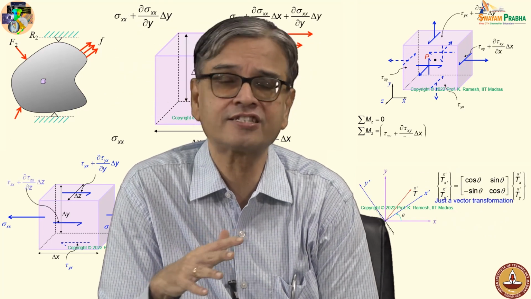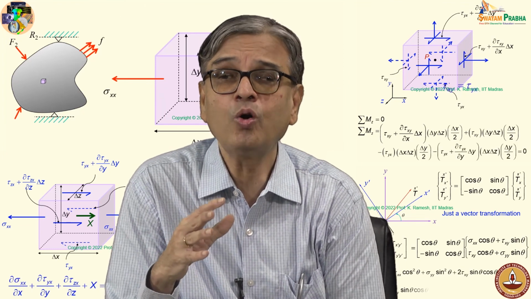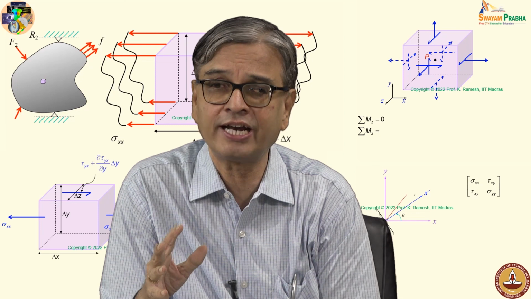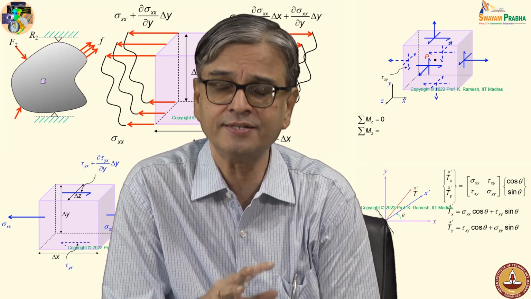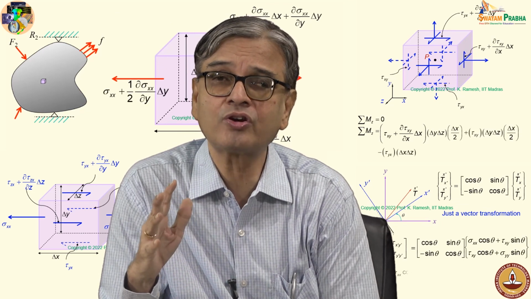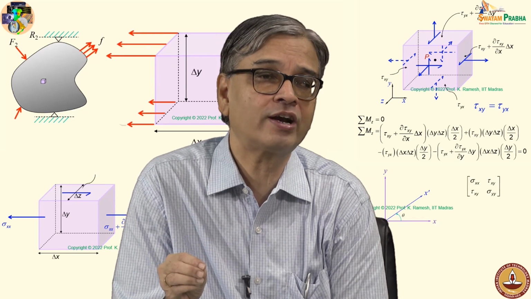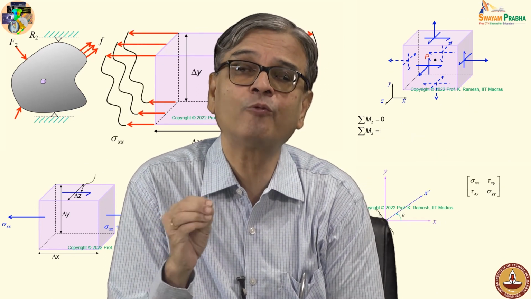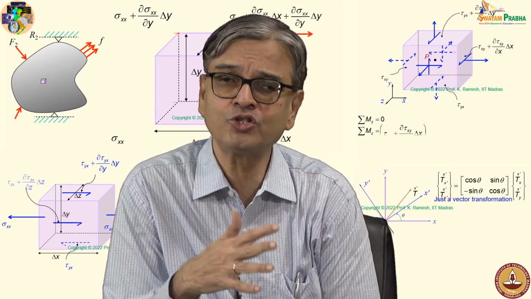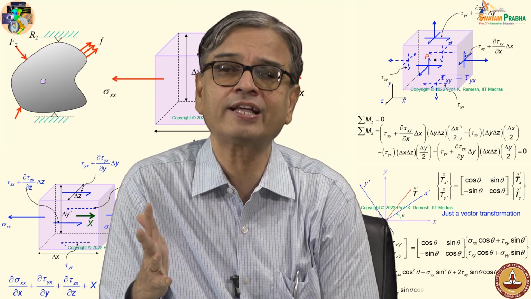This makes the stress tensor symmetric. Then we also learned how to transform a vector from xy coordinates to x prime y prime coordinate system. From that, we also developed how to transform a tensor referred to xy coordinate system to x prime y prime coordinate system. That was arbitrary. So that means once you know the transformation law for any coordinate system, the same transformation law can be used.